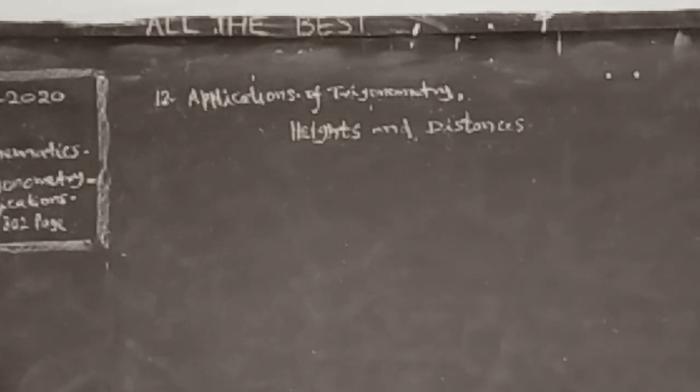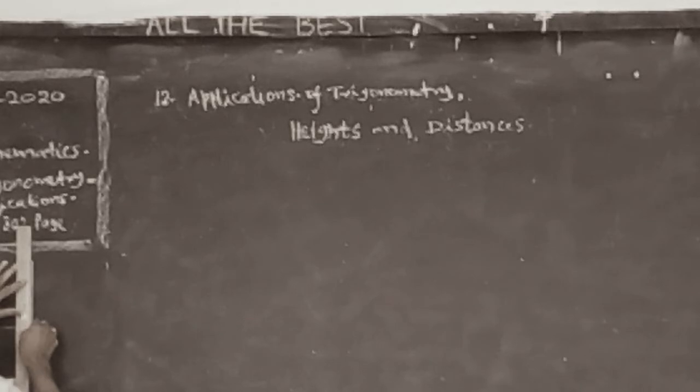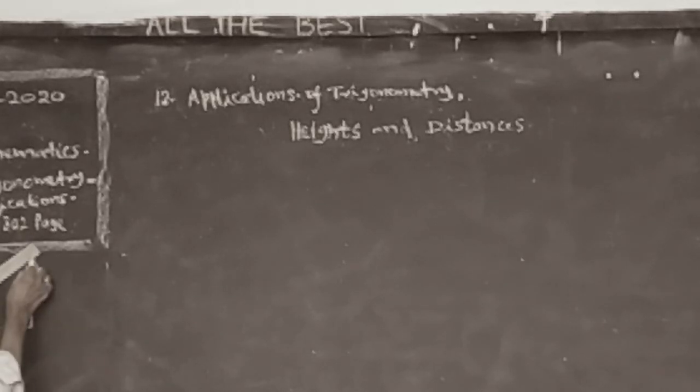Height of the pole is given, 15 meters. The shadow falls on the ground.